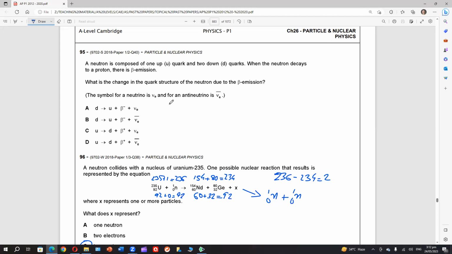Beta plus is released when a proton decomposes. If you remember that sheet, the symbol for a neutrino is VE and the antineutrino is VE bar. So this is a memory recall.